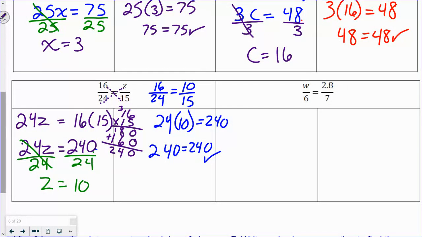All right. So then W, right? So another way, when we go to check this, I'm going to check it using our ratios. Okay? Equals 6 times 2.8. Okay, so 7W equals, well, times 6, I get 40, not 14, 48, 12, 13, 14, 15, 16.